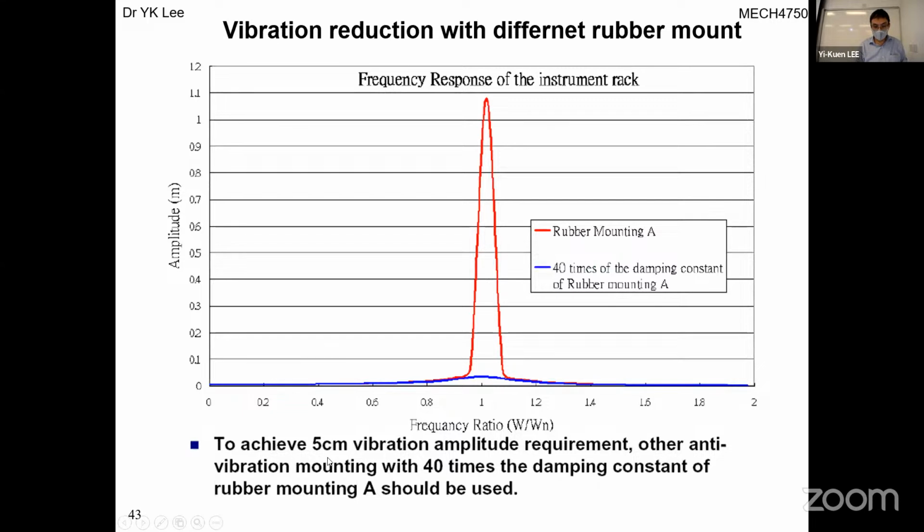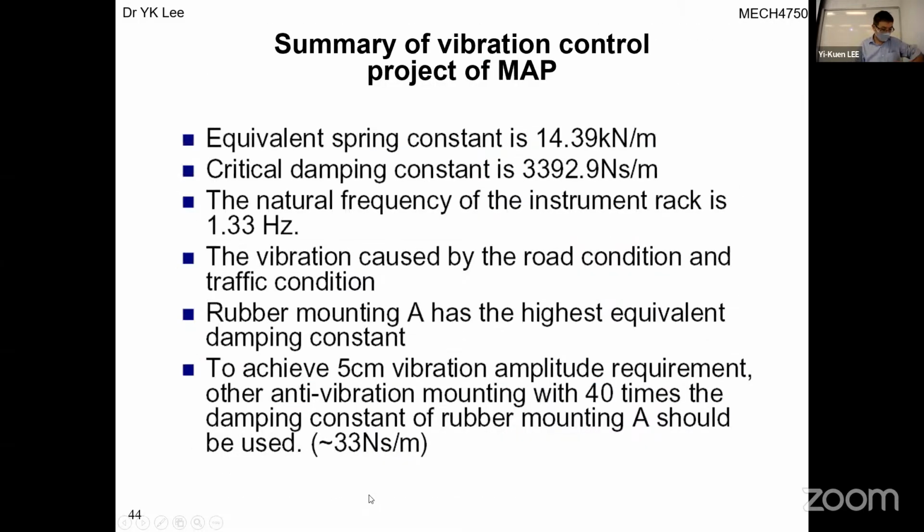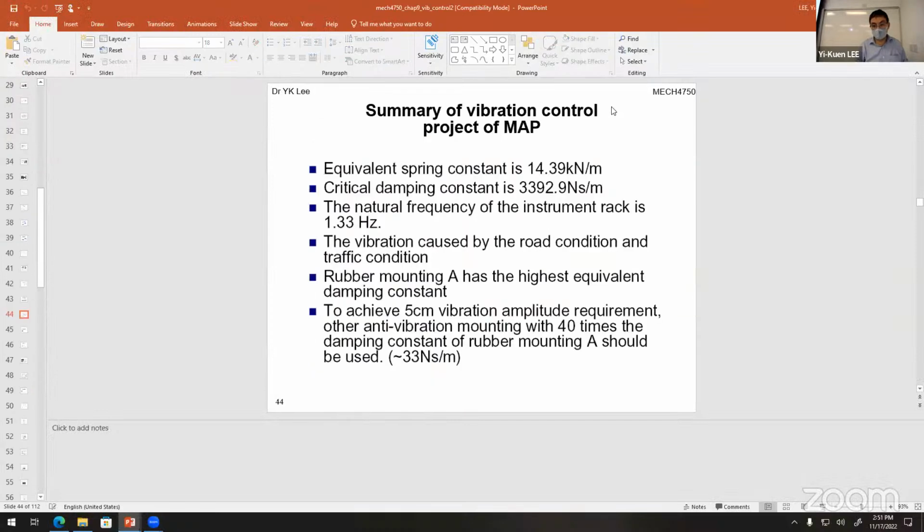To achieve a 5 cm vibration amplitude, in this case we recommend design A should be used. So this gives you one example of how we can use a simple vibration analysis. We can use a 1 degree model and do testing. We can work on this kind of vibration engineering, for this one project I did more than 10 years ago. Okay.